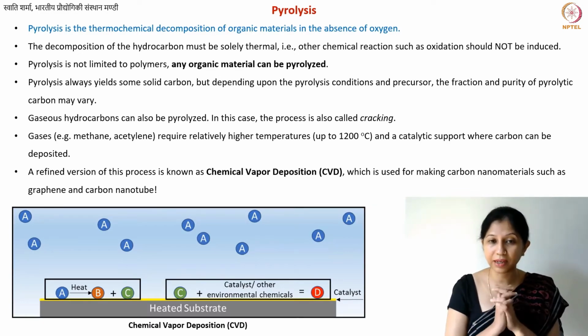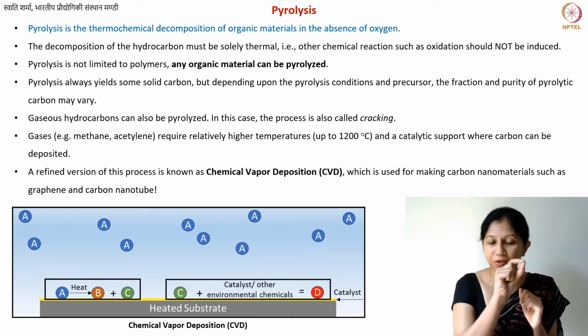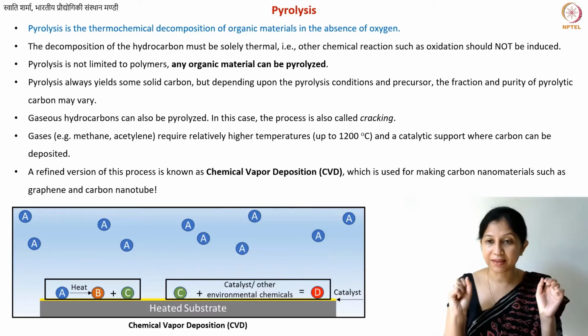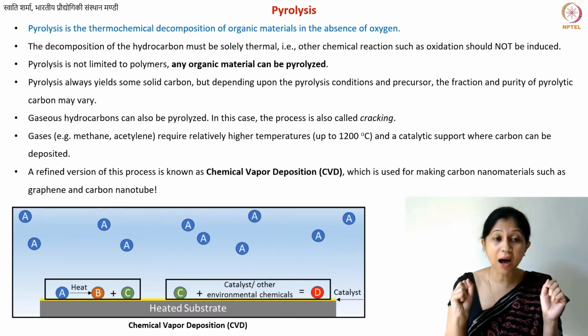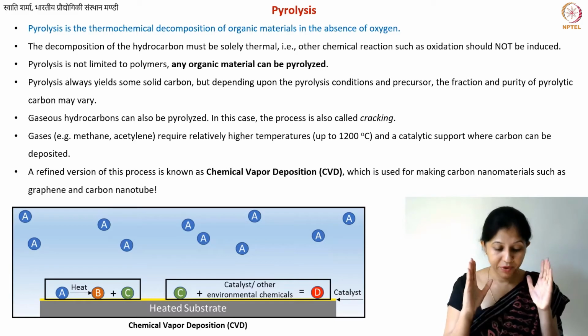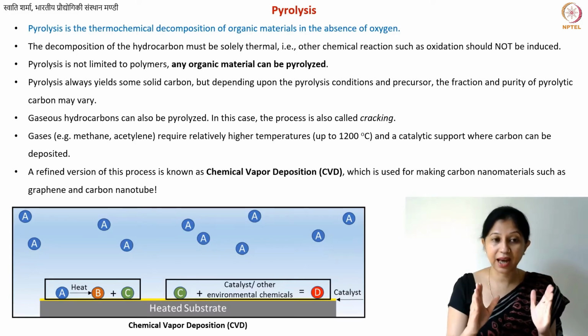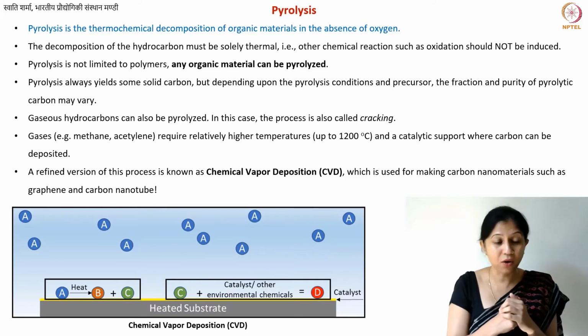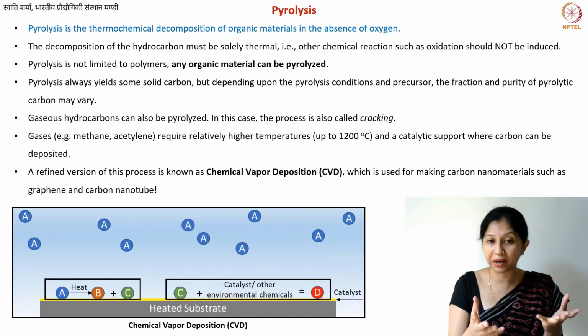So this I have drawn here. This is a schematic. What you see here is a heated substrate. On top of that, this thin yellow line is your catalyst, and this is heated in most cases. Now, let's say you have a gas A inside your chamber. Because of the heat, purely because of pyrolysis, that gas cracks into, let's say, B plus C. Now, if you want C itself to be your final material, then you're good to go already.